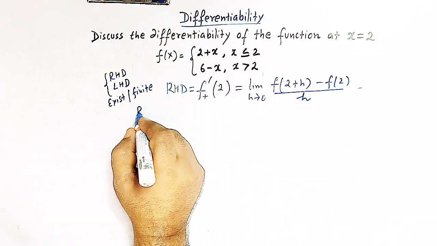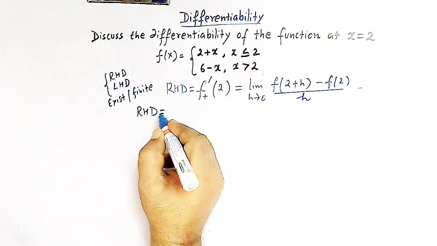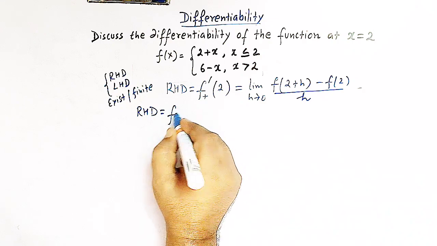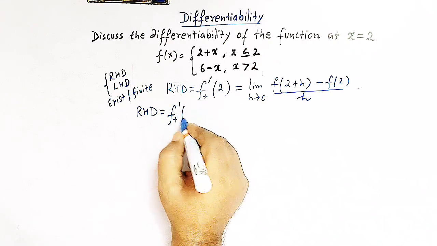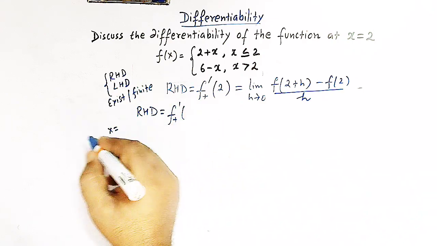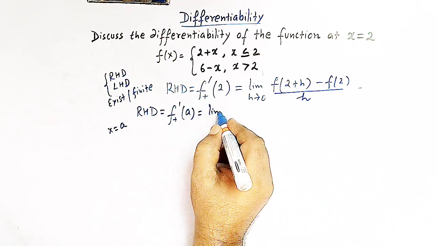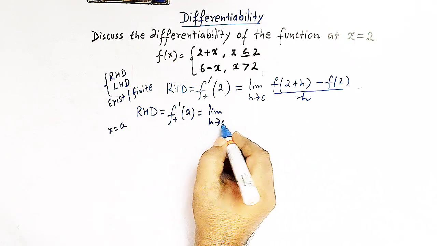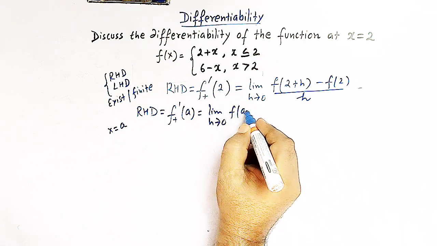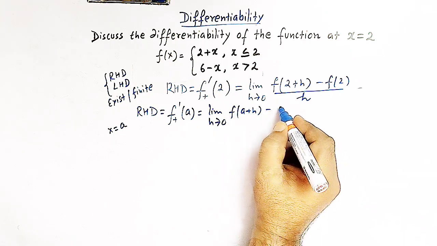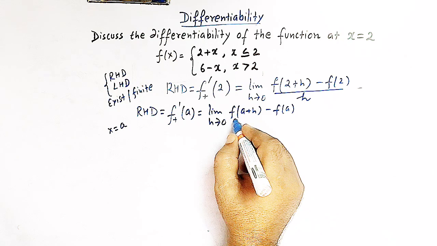Now here we have used the definition of right hand derivative as f prime. Here we have positive, and if we take some general point, say x is equal to a, then the right hand derivative is given by this limit, that is f of a plus h minus f of a divided by h.